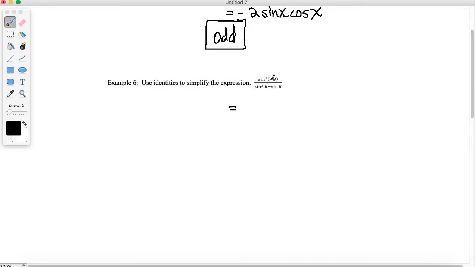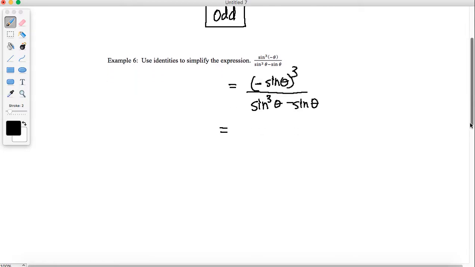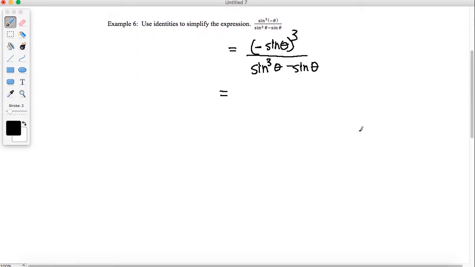Since I know that this is an odd function, and when I plug in the negative is the opposite of what I get when I plug in the positive, I'm going to write this as negative sine theta cubed over sine cubed theta minus sine of theta. And notice when I cube something, I multiply it 3 times. That's an odd number, and so that negative is just going to stay negative. So this is the same thing as negative sine cubed theta. You probably didn't have to do that in multiple steps and write it the way I did, but I did, okay?